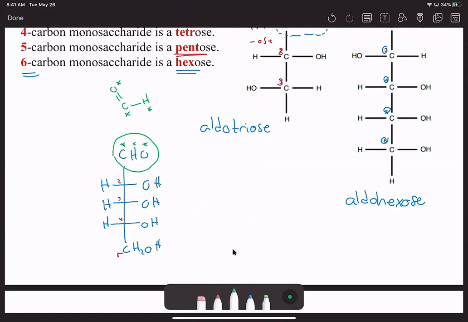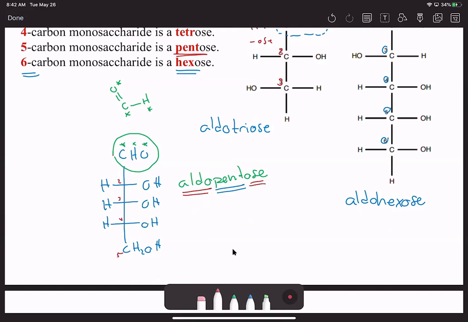So 5 carbons here. It's an aldehyde functional group. So I'm going to use aldo from aldose and pentose. So here's my aldehyde functional group, 5 carbons, and then OSE because it's a sugar.